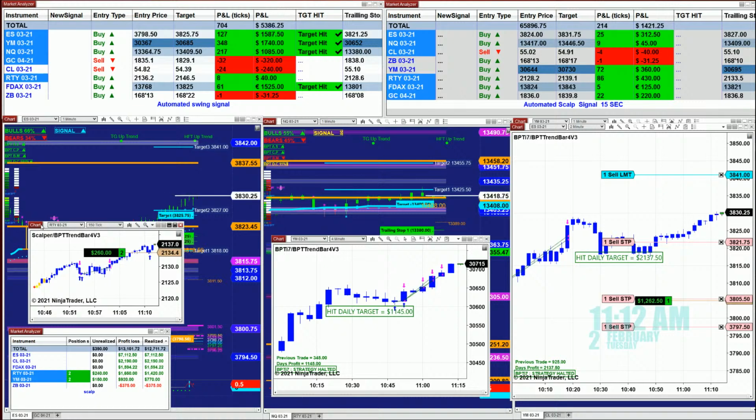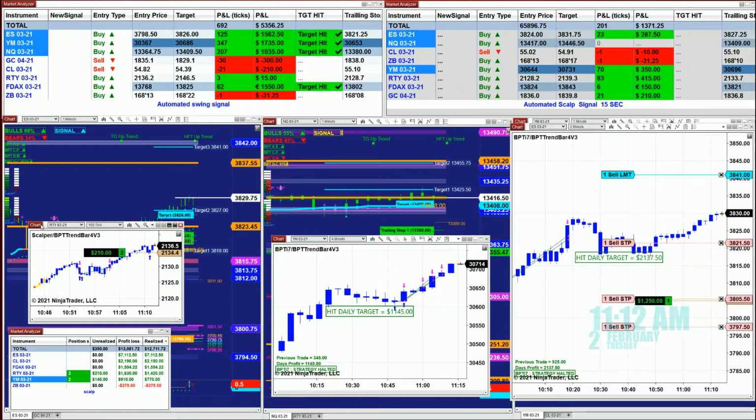We are going to the target 3 for today. This is a beautiful ride for the scalper, 300. We still have 40 minutes to climb to target 3.